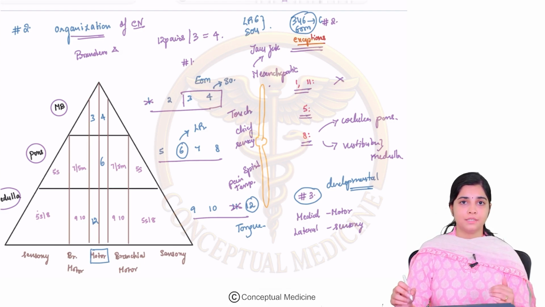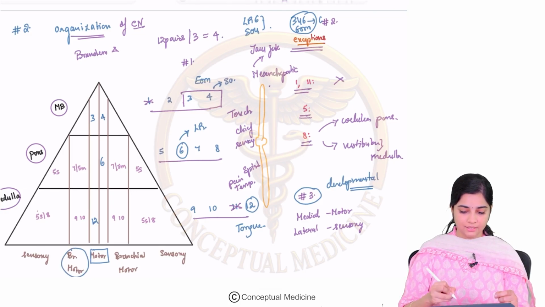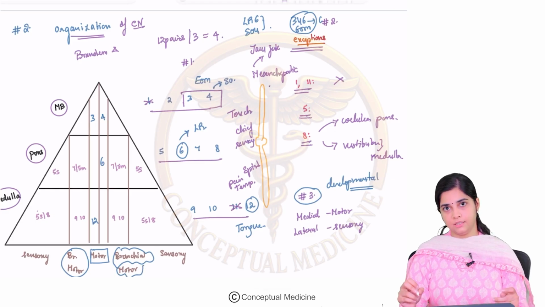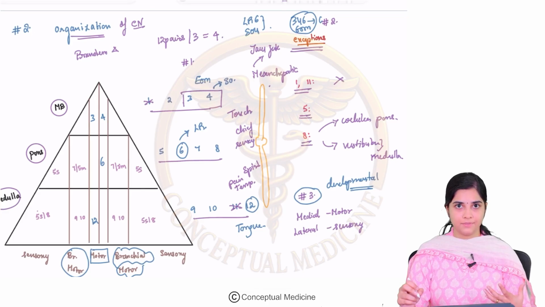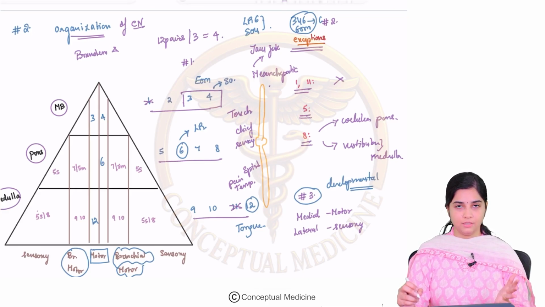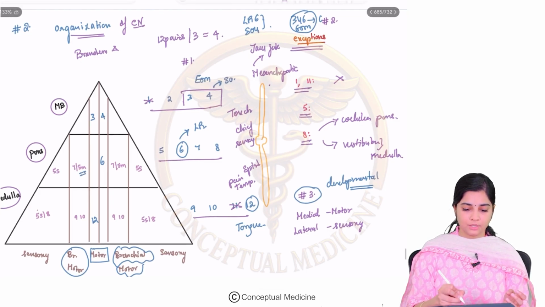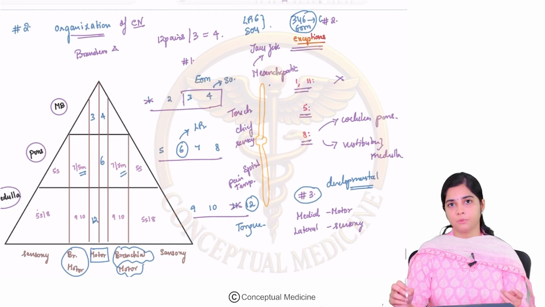Now just adjacent to the motor cranial nerves, you will have branchial motor cranial nerves, which basically supply most of the muscles of the larynx and pharynx, right? So branchial motor cranial nerves are present just adjacent. So branchial motor at the level of the pons is your fifth motor cranial portion, right?